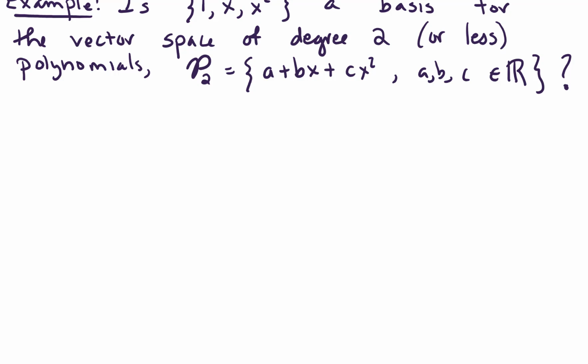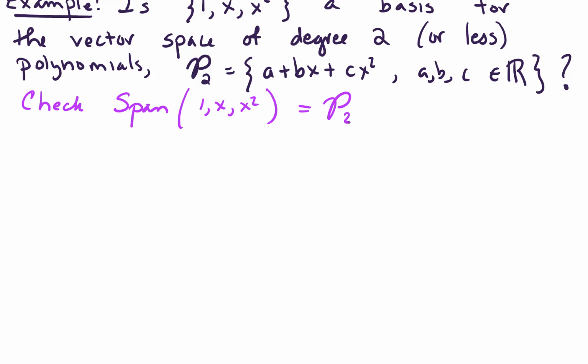All right, so to check if this is a basis, we need to do two things. First of all, let's check that the span of our set, 1, x, and x squared, gives us all of P2.